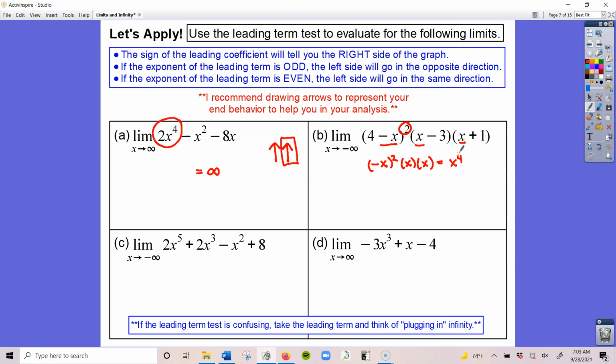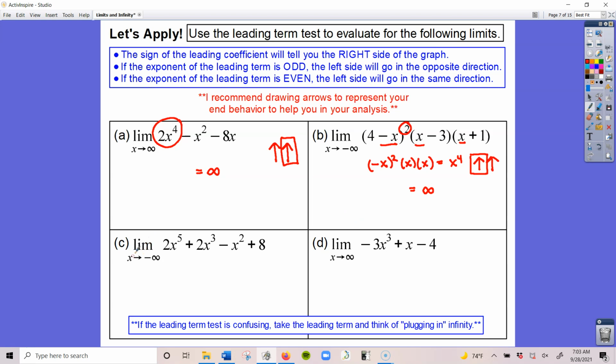So again, here I have my positive coefficient, so the right side will go up, even exponent, so my left side will also go up. The limit as x is approaching negative infinity, that is the left arrow, is going to equal positive infinity since it's going up.